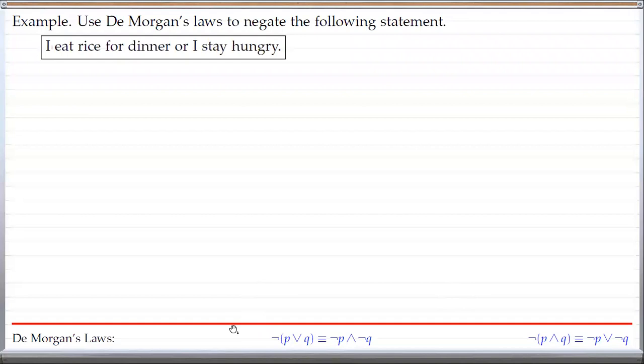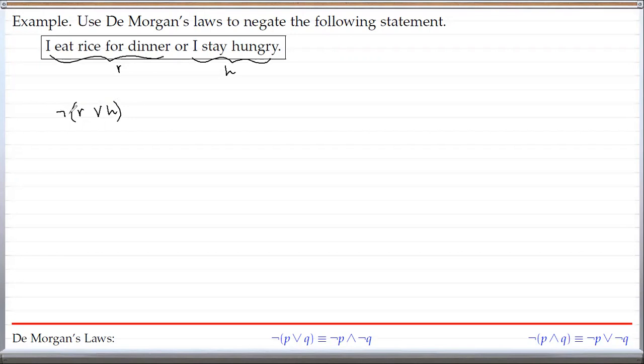The next example here: I eat rice for dinner or I stay hungry. Let's denote the first part, I eat rice for dinner, by R. The statement I eat rice for dinner is R. And I stay hungry, let's denote that by H. So we are given R or H, and we want to negate this.